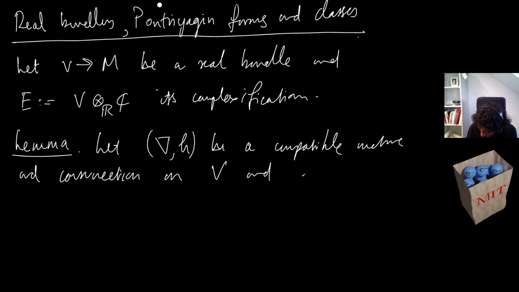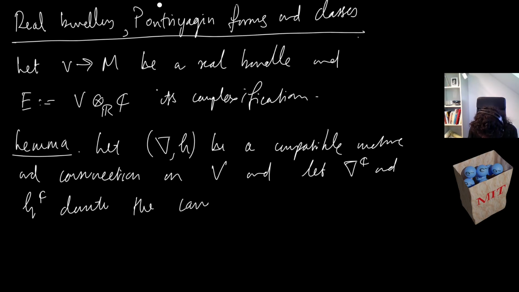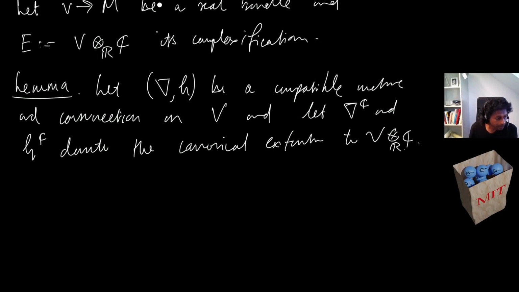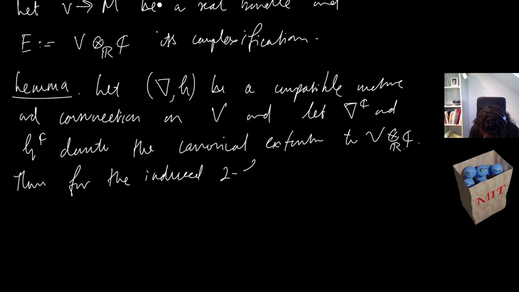And let nabla C and H C denote the canonical extension to V tensor C. Then for the induced two form omega C, we have the following.